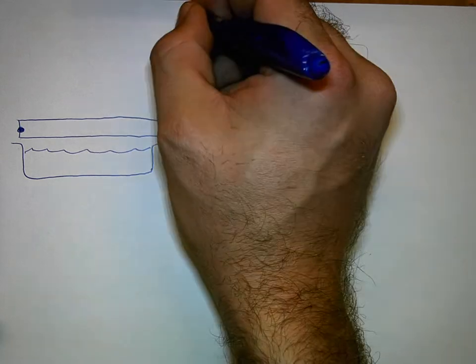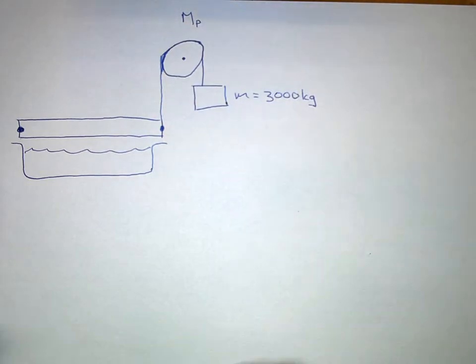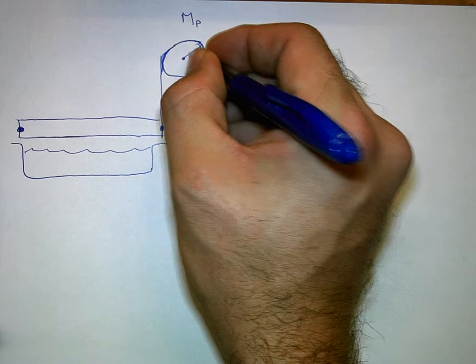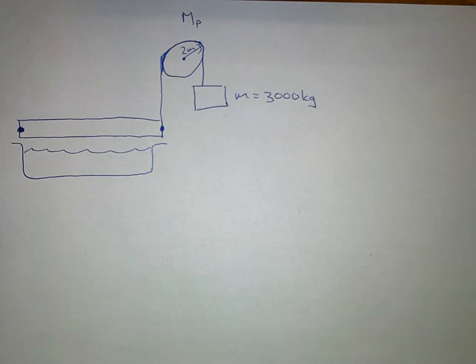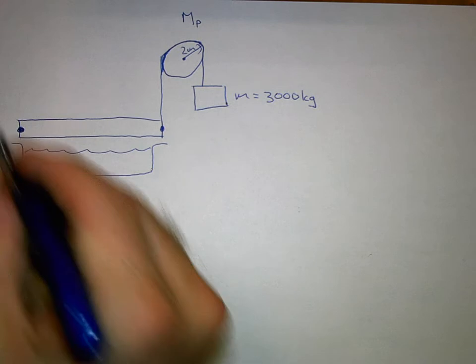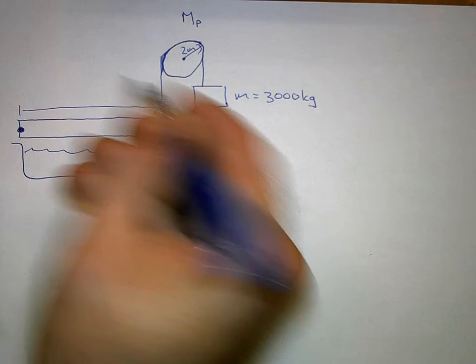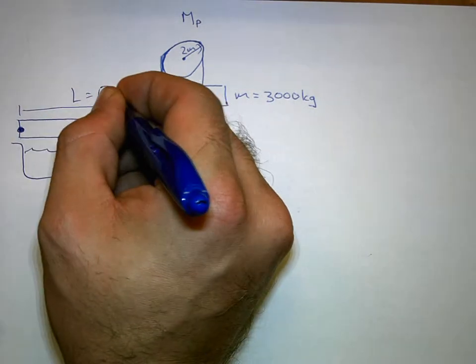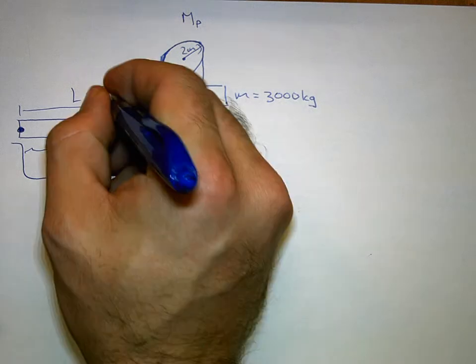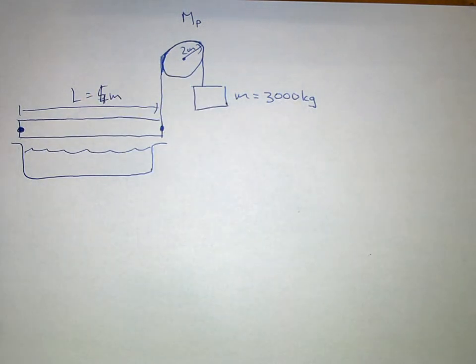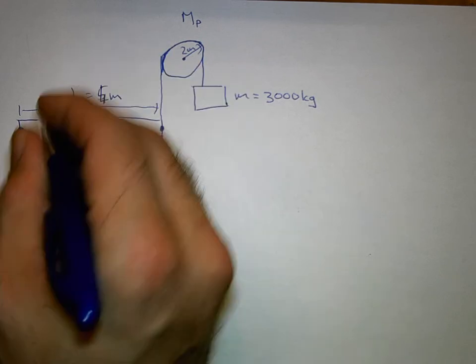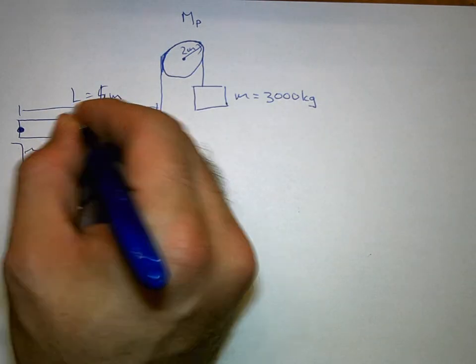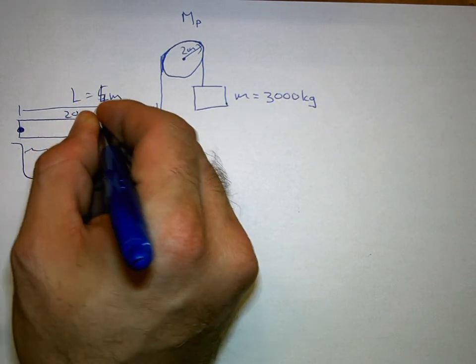This pulley has got a mass M_P, and it's got a radius of 2 meters. The bridge we can model as a uniform rigid rod that has got a length of 4 meters, not 5, 4 meters. The mass of the bridge is equal to 2,000 kilograms, so 2 tons.